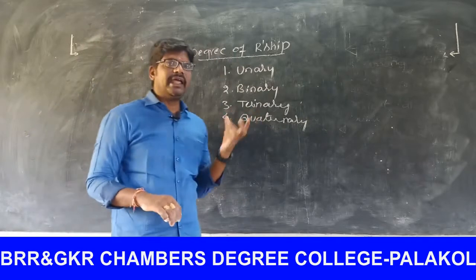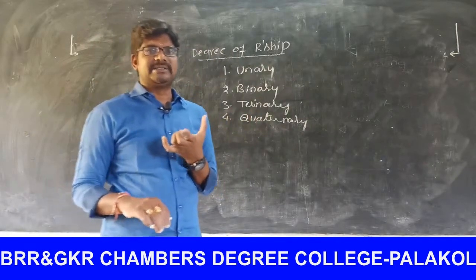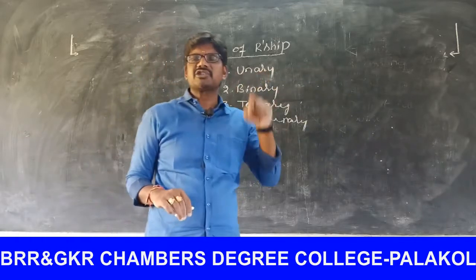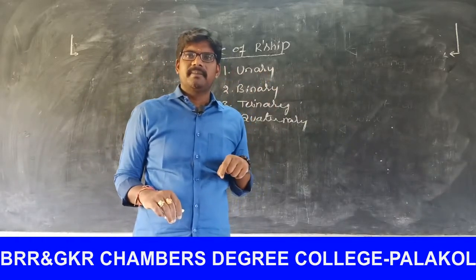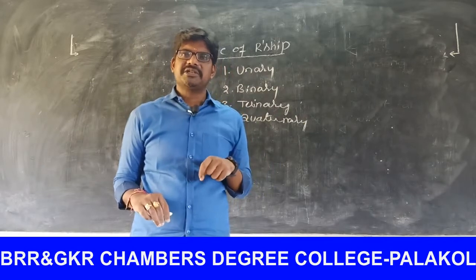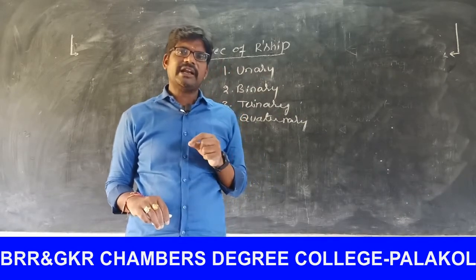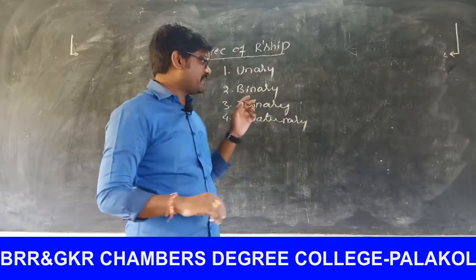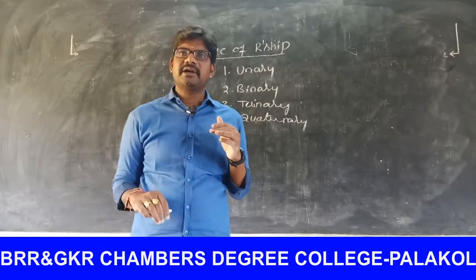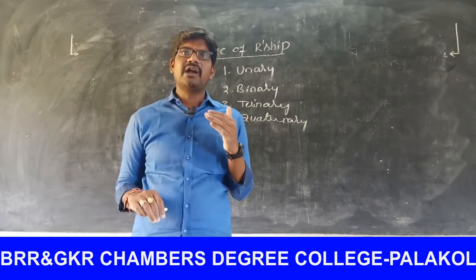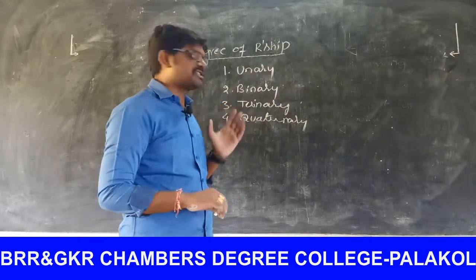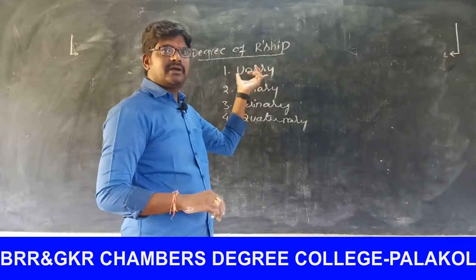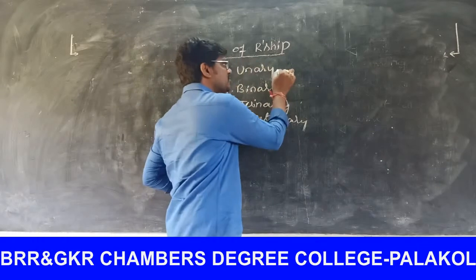Okay, so only one entity is participated. The unary relationship is also called as recursive relationship. That means a relationship itself, we call it as an unary relationship. Okay, so unary relationship, another name is recursive relationship.